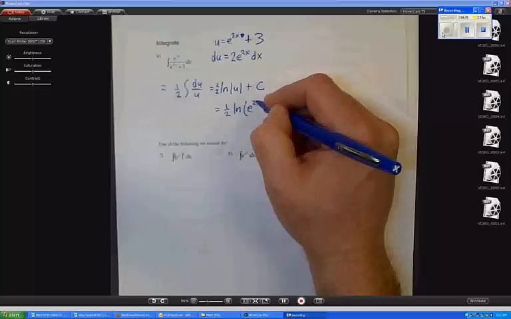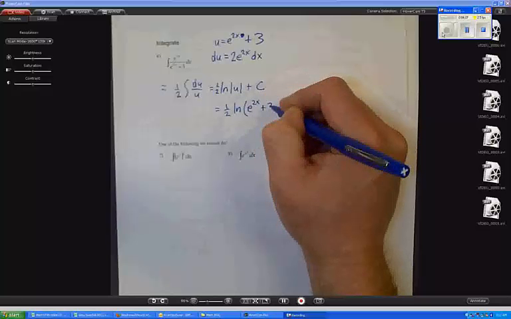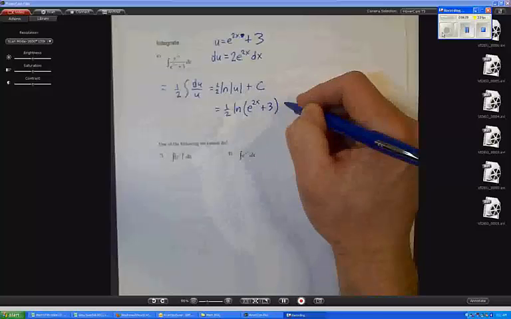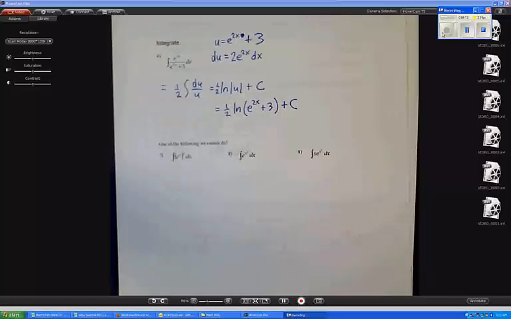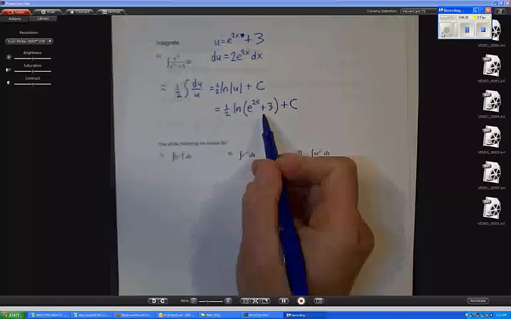Do I need absolute values? I say no, because, I have a better reason. What's the range of the exponential function? It's always positive, right? And then I'm just adding 3 to some positive number, so it's positive. So I guess I don't need the absolute value.